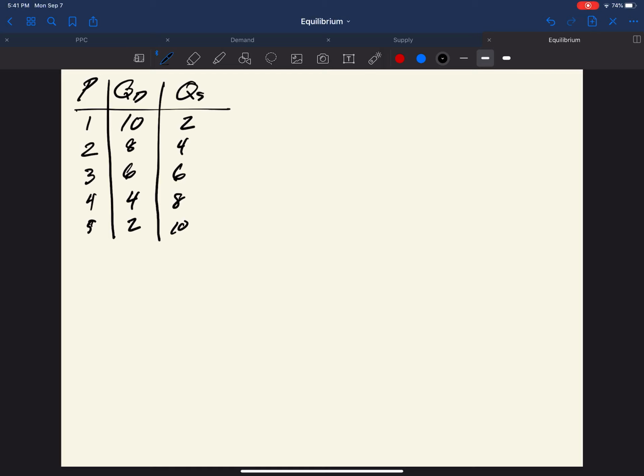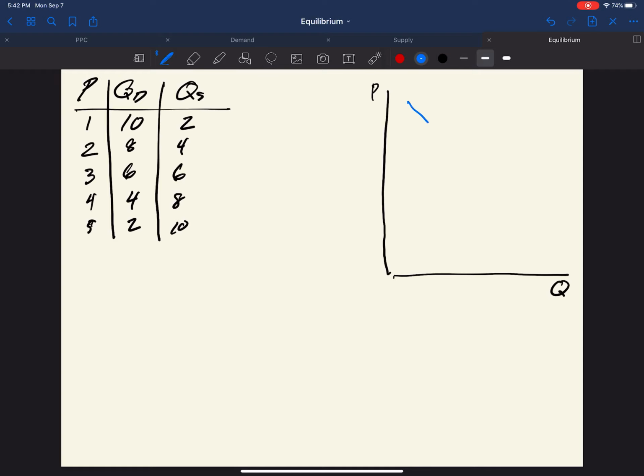Well, let's go ahead and draw an equilibrium graph like that. Notice on the x-axis here, I'm just drawing Q. It's understood now that we're talking about quantity demanded and quantity supplied together, so we don't need the subscript there. Price will go there.